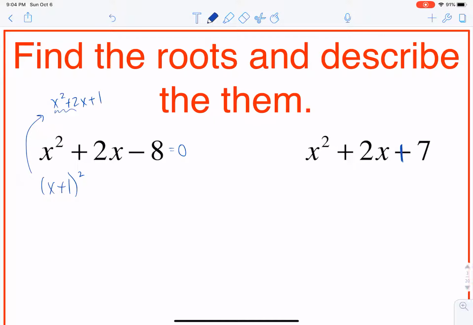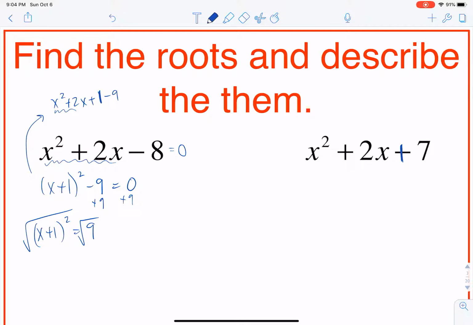So right now these match up to this point. What do I have to do to this one piece in order to get to negative 8? I have to subtract 9, so equal to 0. There I just completed the square. Now I can add 9 to both sides, and I have x plus 1 squared is equal to 9.